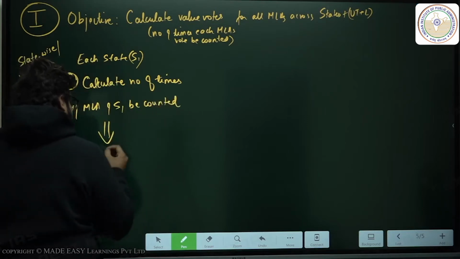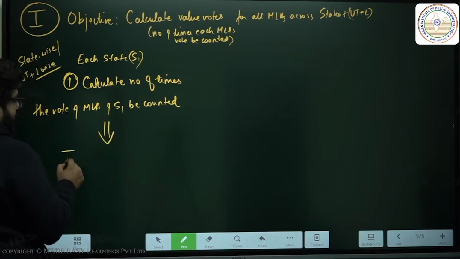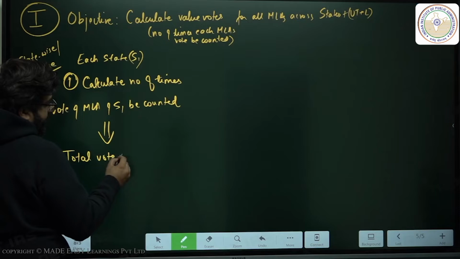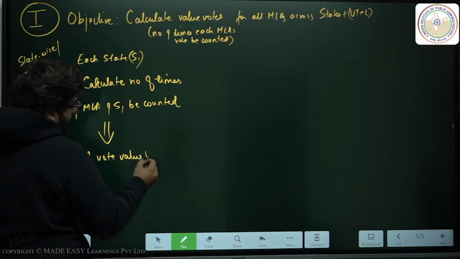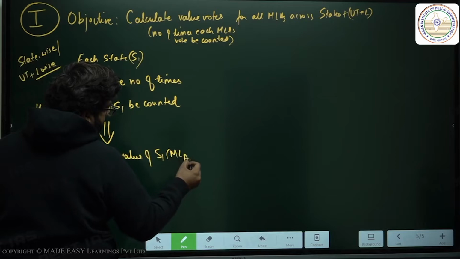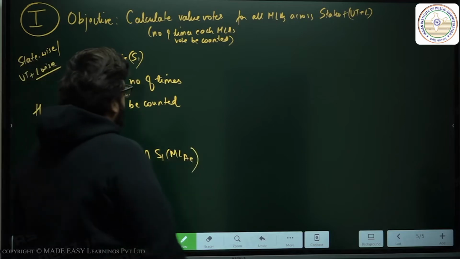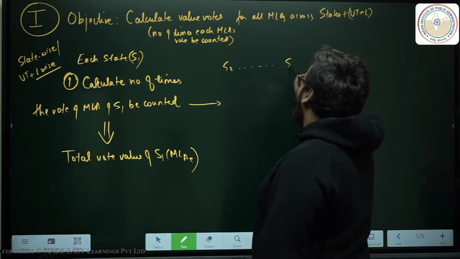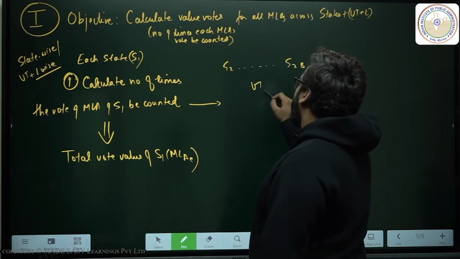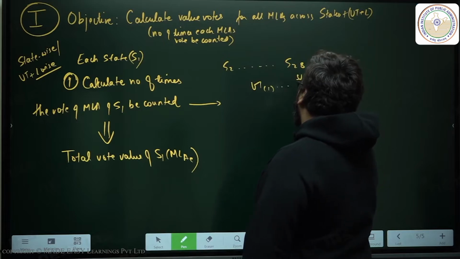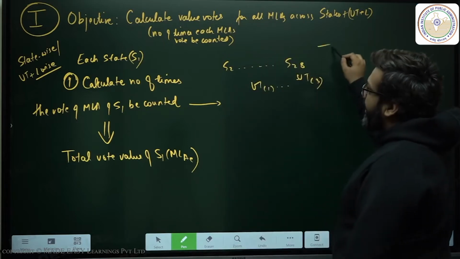Then we'll simply see the total vote value of state 1 MLAs, and we will do this process for state 2 till state 28 and union territory 1 with legislature till union territory 3. Do we understand this?